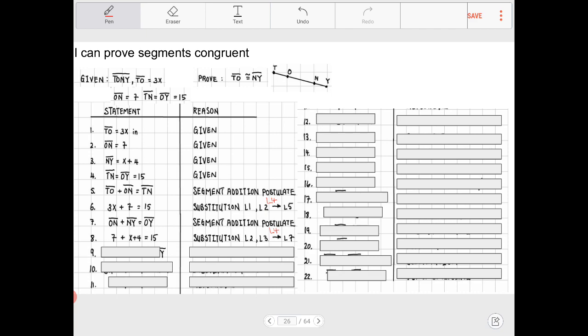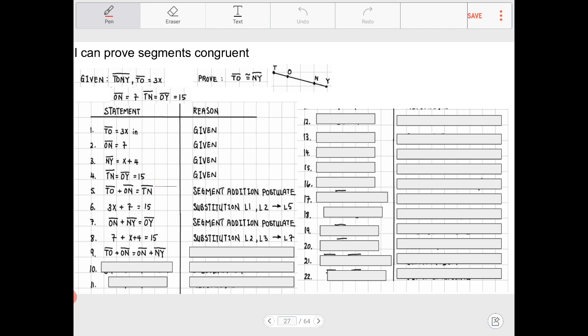Okay, and notice now, because line 6 and line 8, they both equal 15, right? And we also know that TN is equal to OY, right? From step number 4, we can make another substitution. We can say that TO plus ON is equal to ON plus NY. Let's just pause a moment if you don't see this.